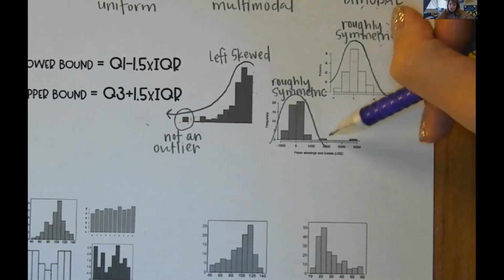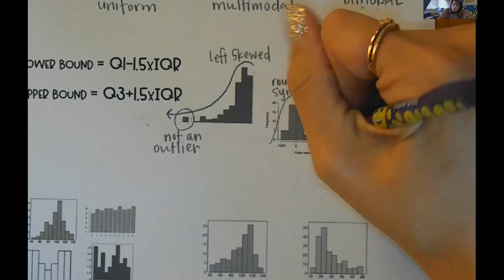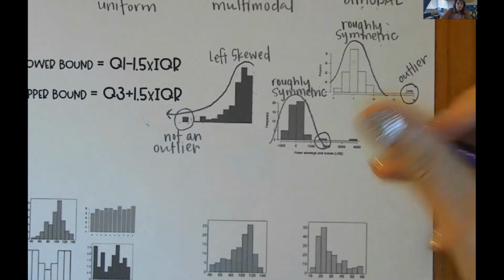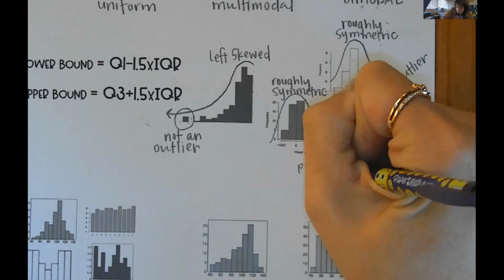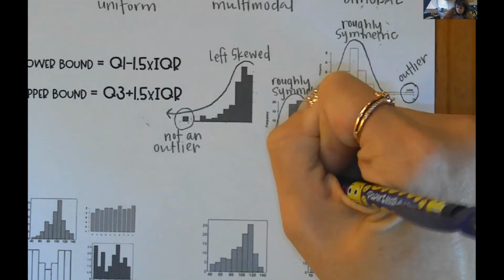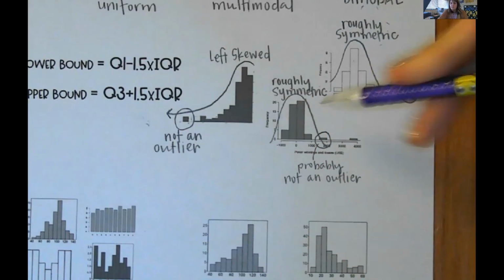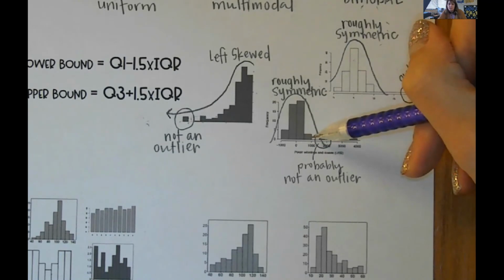So then this one in the bottom middle is a mix of both. This point is probably not an outlier. It's pretty close to the rest of the data.